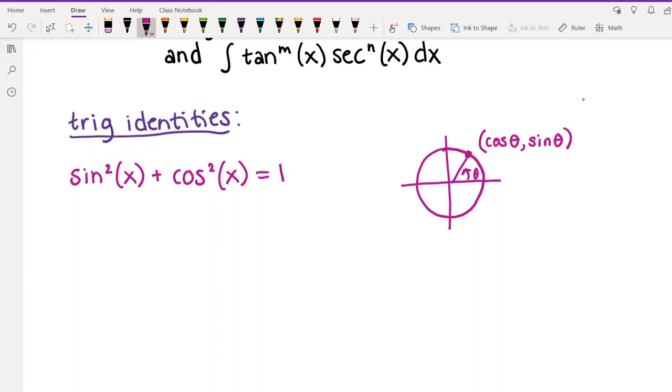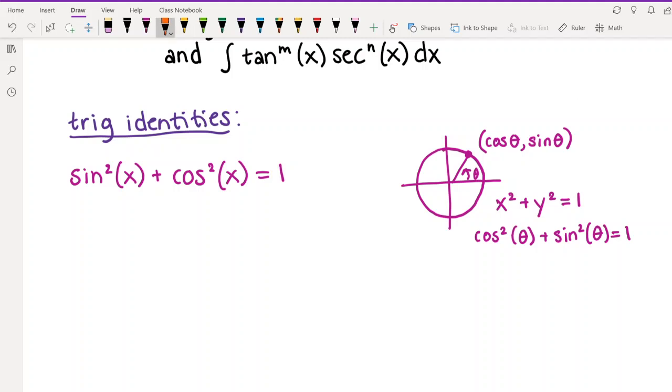And because we're on the unit circle, the x coordinate squared plus the y coordinate squared is equal to 1, right? That's the equation of the unit circle. And so because this point lies on the unit circle, it's going to be true that cosine squared of theta plus sine squared of theta is equal to 1. So that's where this identity comes from.